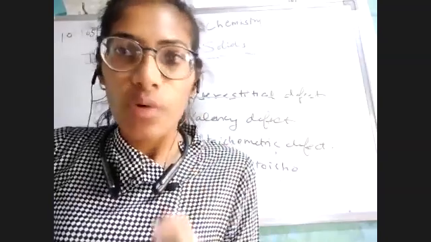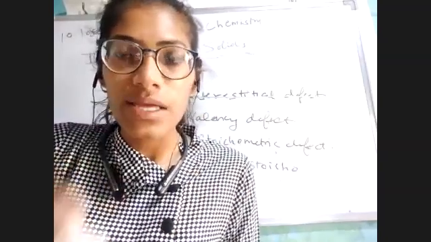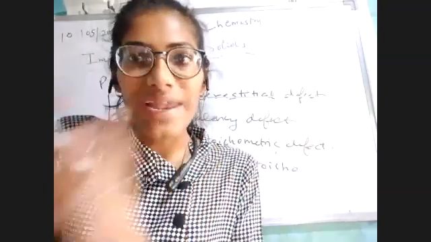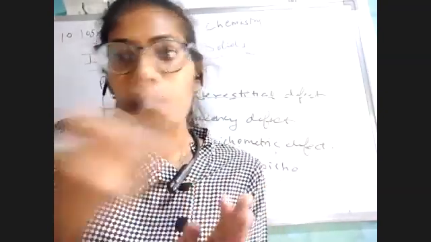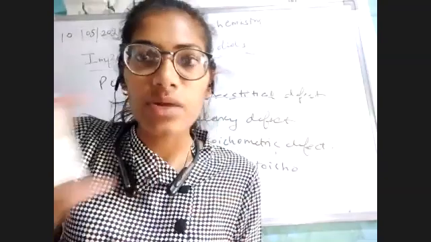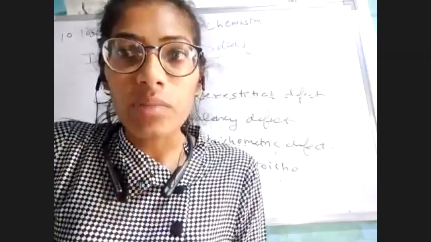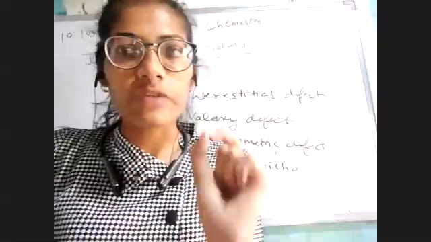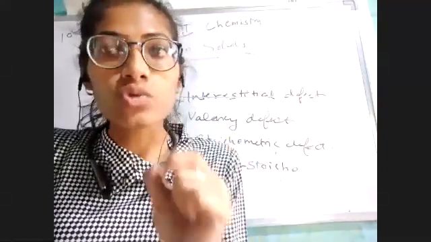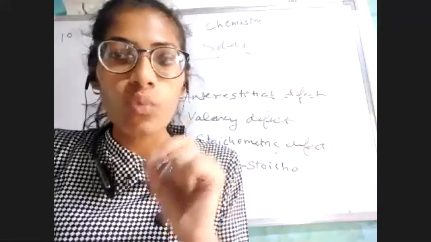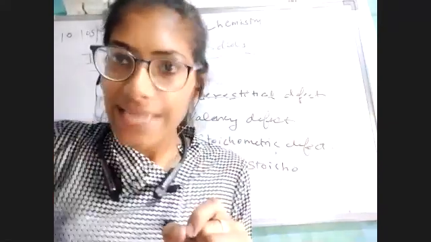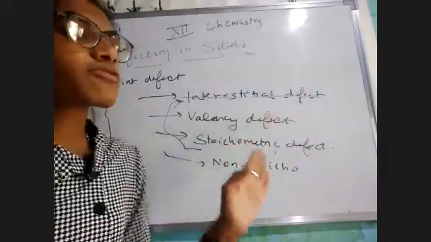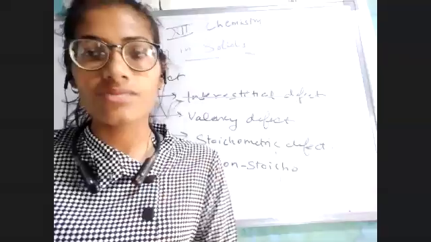In sodium chloride, if we assume that a particular atom has been removed from its crystal lattice site, that means the defect is known as valency defect, because the defect has arisen due to the valency of that particular atom. We will further describe this defect with the help of Schottky as well as Frenkel.